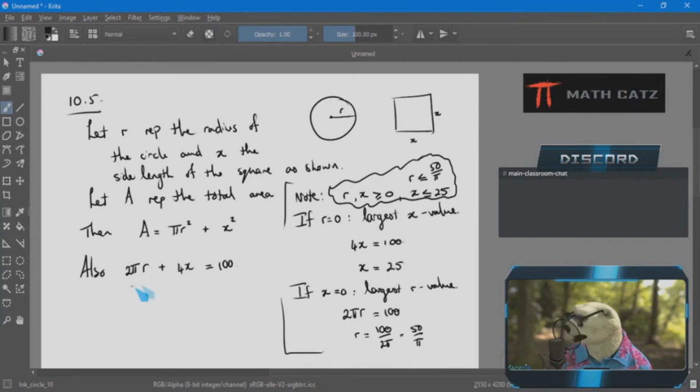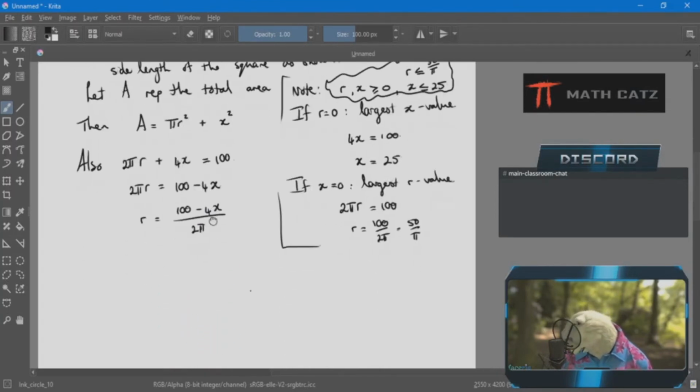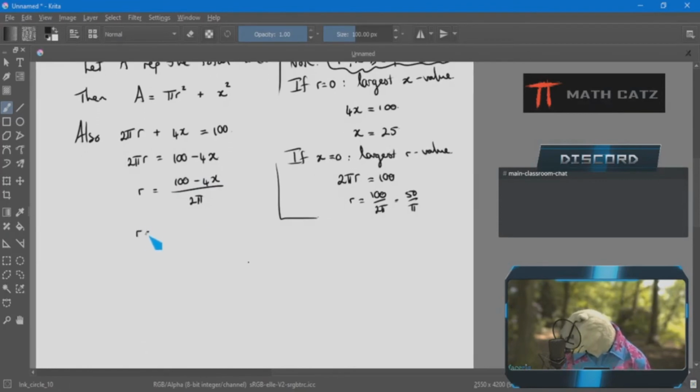Now you can decide which one do I want to eliminate here. Let's go for r, why not? So 2 pi r equals 100 minus 4x. So r equals 100 minus 4x over 2 pi. I could simplify that a little bit more if I really wanted to. And why not?